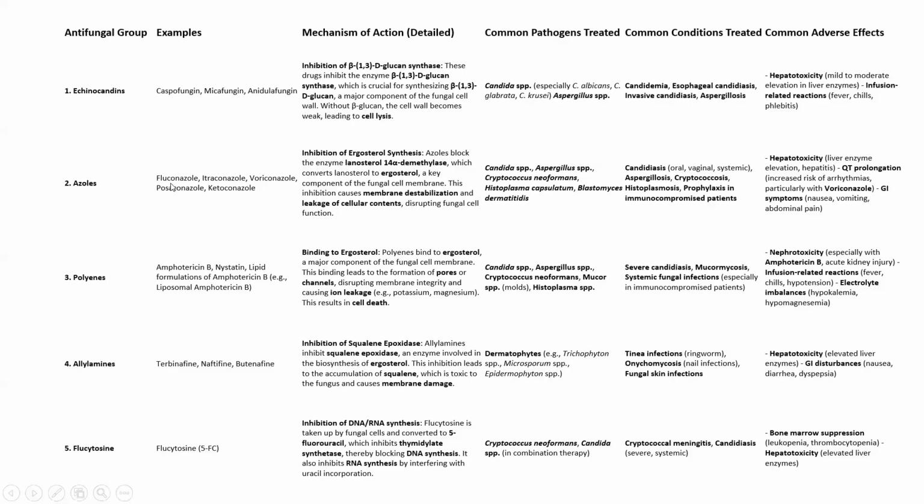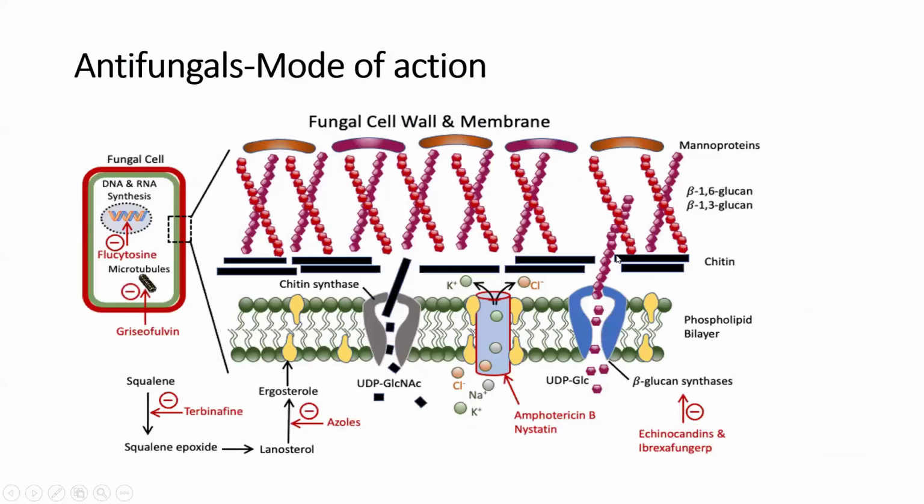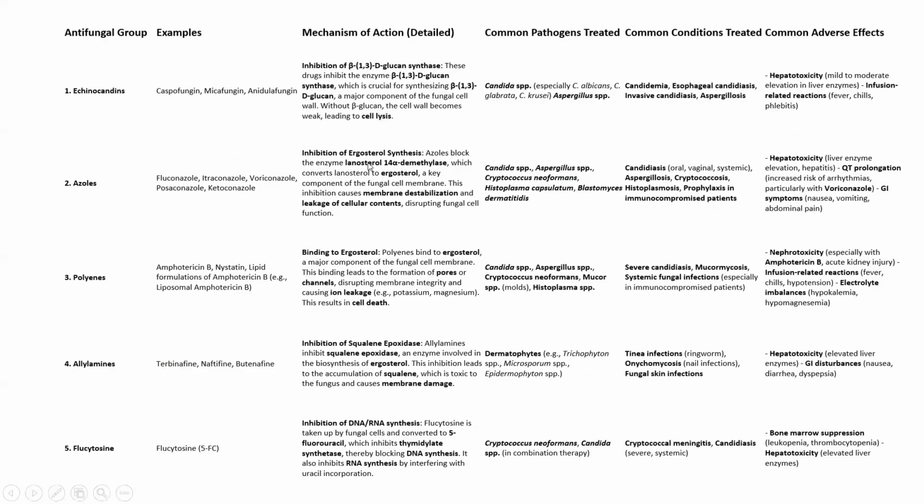About the azoles. So azoles are common: we have imidazoles and triazoles. Azoles' action is inhibition of ergosterol synthesis, which blocks the enzyme lanosterol 14-alpha demethylase, which converts lanosterol to ergosterol, a key component of the fungal cell membrane.